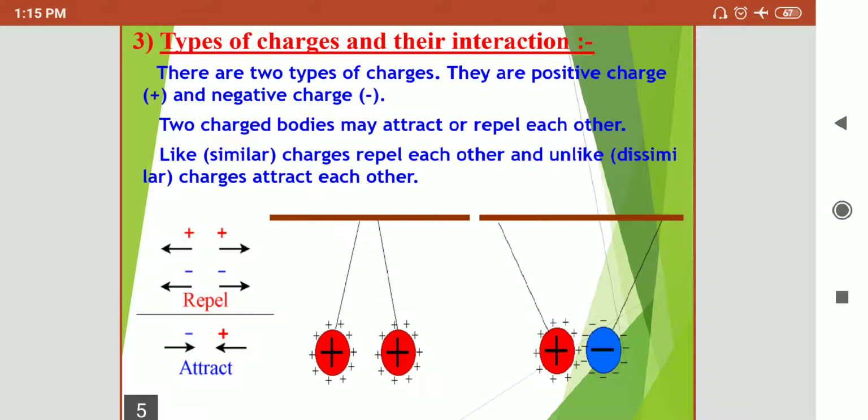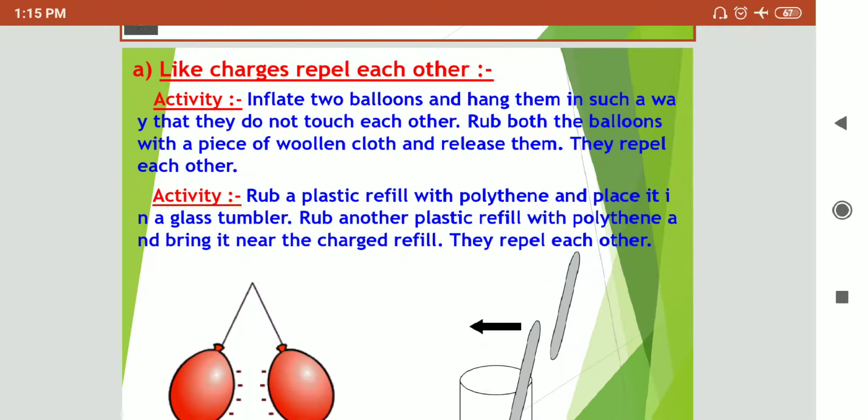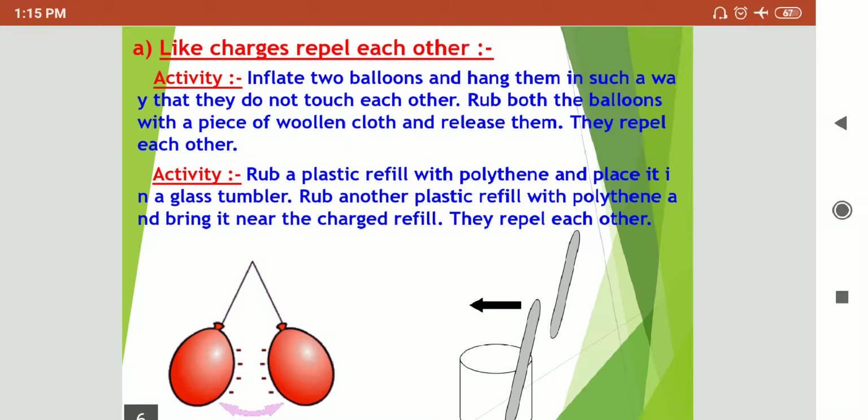Like or similar charges always repel each other, and unlike charges, one positive and one negative, always attract each other. So this is the criteria. Now on the basis of this criteria, we'll discuss the concept of attraction and repulsion.